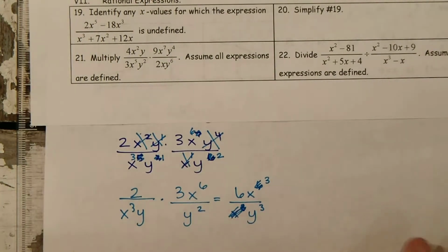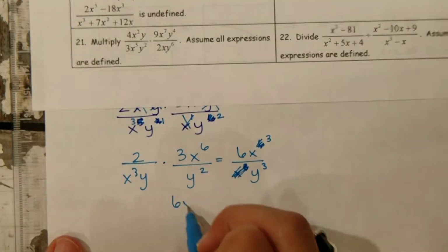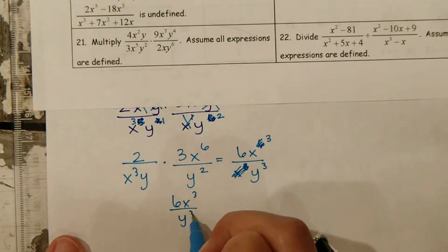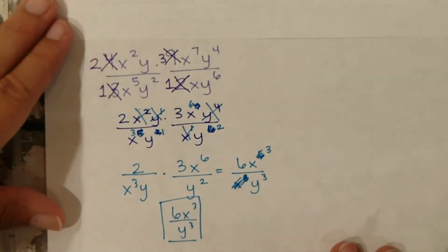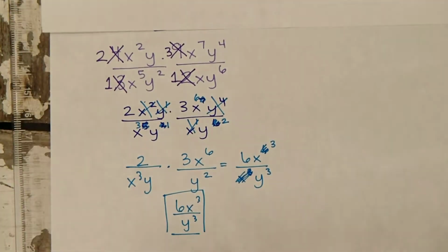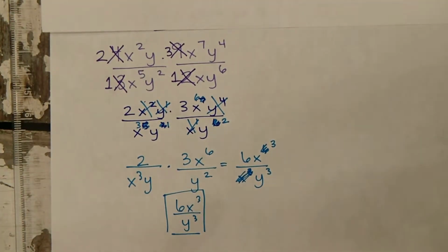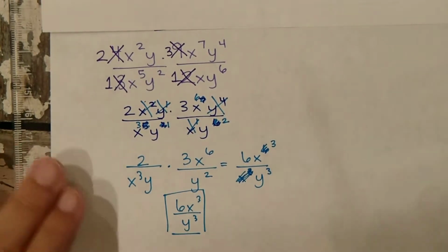So I'm just going to write that all together as one here: 6x cubed over y cubed. So all of that together is here. So we multiplied and simplified for number 21.